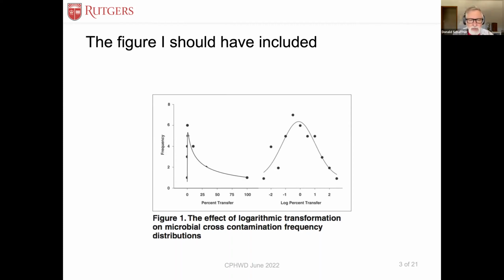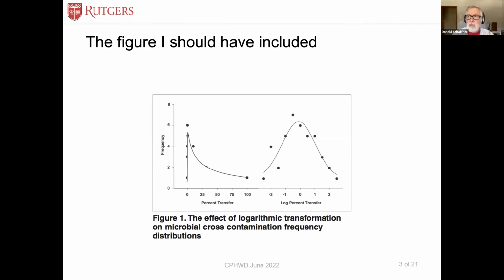I knew that those data, and you probably know this too if you ever had a class in statistics, the data on the left are not normally distributed. And one of the first things they teach you in a traditional statistics class is all of the statistics that we are going to cover in this course all assume that the data are normally distributed. And so those data on the left are not normally distributed.